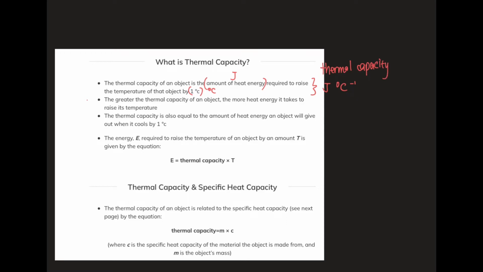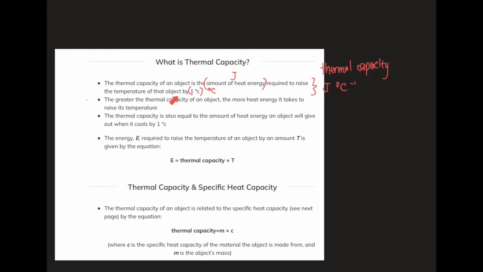Okay, now, the greater the thermal capacity of an object, the more heat energy it takes to raise its temperature. So different objects have different thermal capacity. Even the same substance of different size has different thermal capacity also.